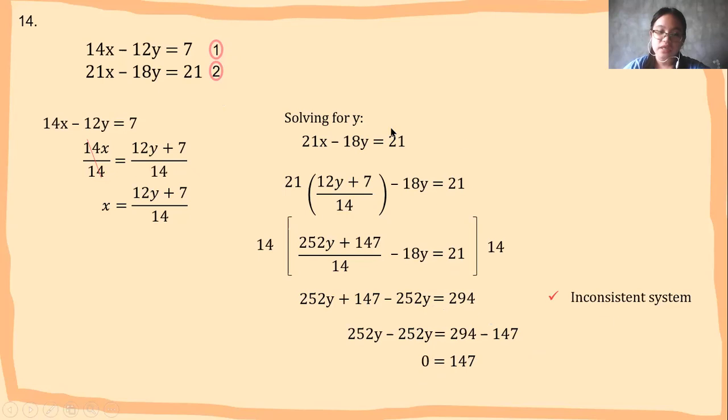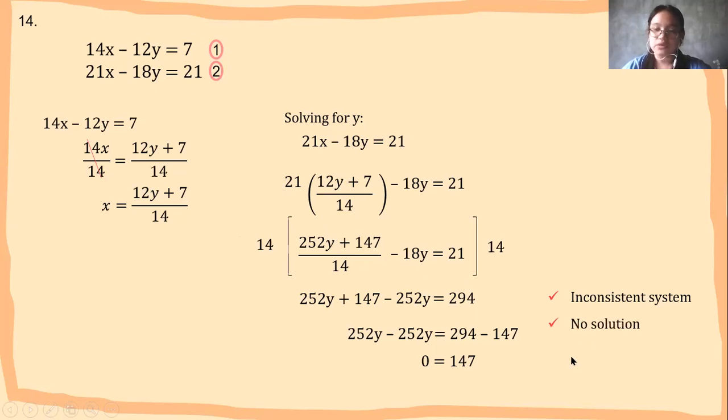Neither of the equations has a solution because if we try to graph the two equations, the two lines will be parallel to each other. They are parallel and will never intersect. That's why it is an inconsistent system.